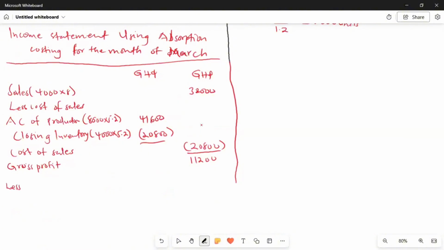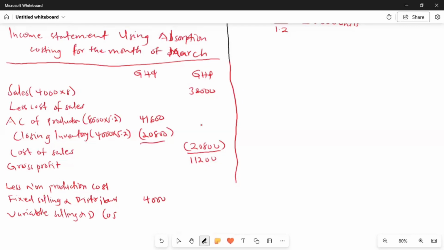Your non-production costs, which have been given to you in the question, are the fixed selling and distribution, which is 4,000, and the variable selling, which is 0.5 by the sales units, which is 4,000, which will give us 2,000.